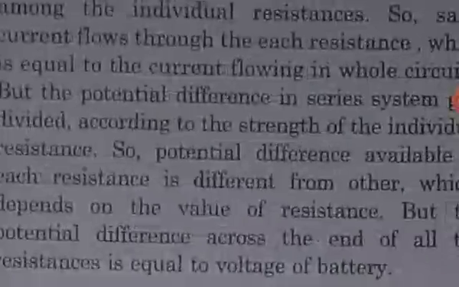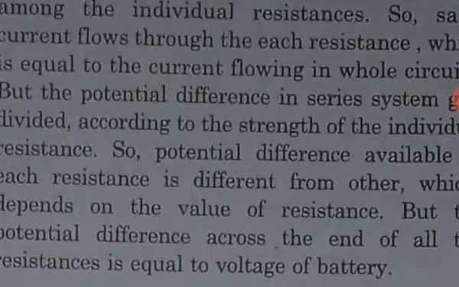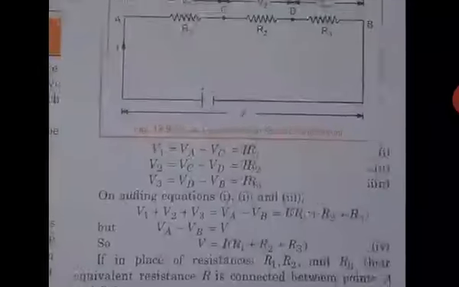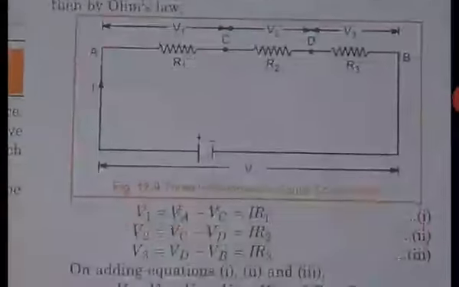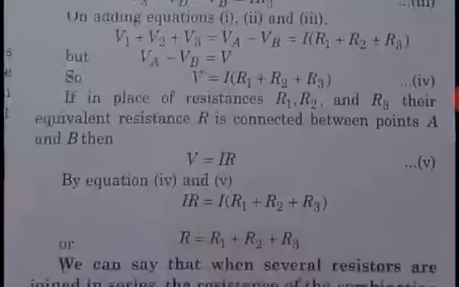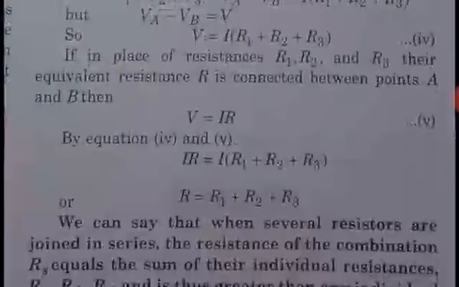According to Ohm's law, V1 is equal to I R1, V2 is equal to I R2, V3 is equal to I R3 and V4 is equal to I R4. When we compare these, we get R is equal to R1 plus R2 plus R3 plus R4.